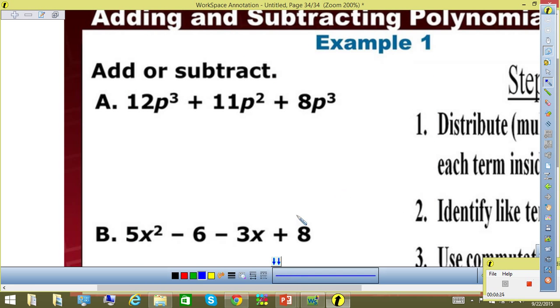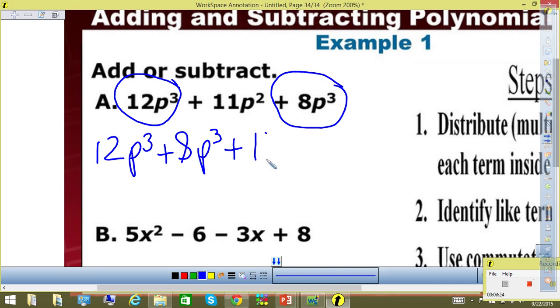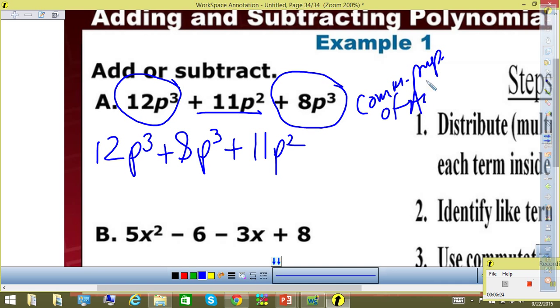Like this one, just to emphasize the properties that we use. I start with this. Is there another like term, this one? Yes, down here, it's got the same variable, so therefore I write these together just to show the property. What is the property that I use when I move stuff around? Commutative. So here I just brought this one down. This is the commutative property of addition.